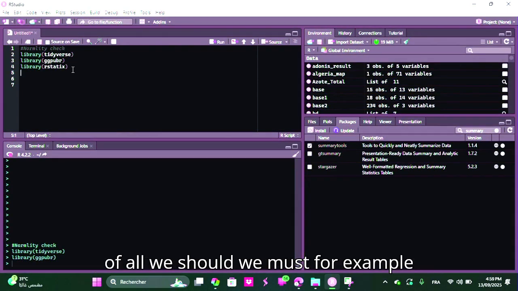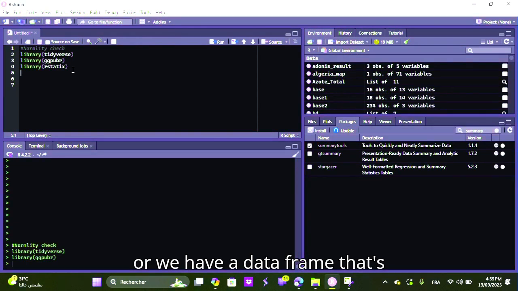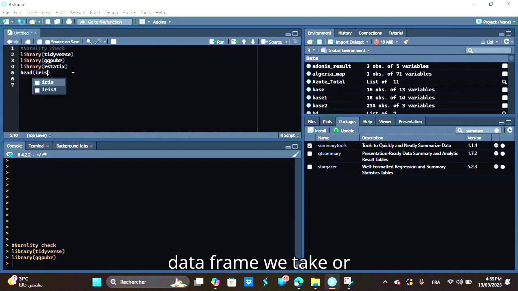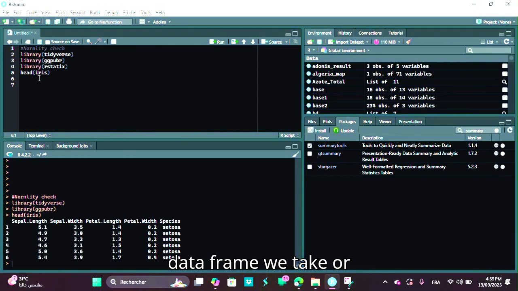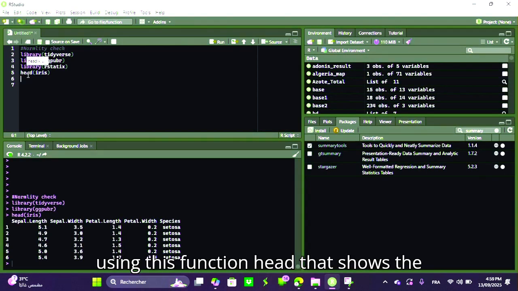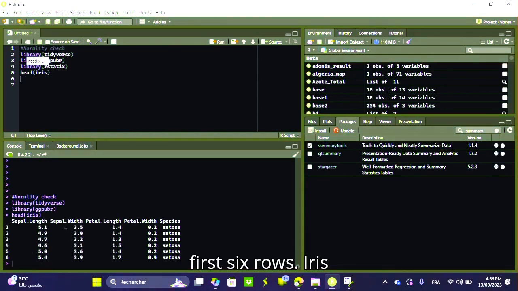So first of all, we have a data frame that's called iris. Iris is a famous data frame. We write it like that, using the function head that shows the first 6 rows.